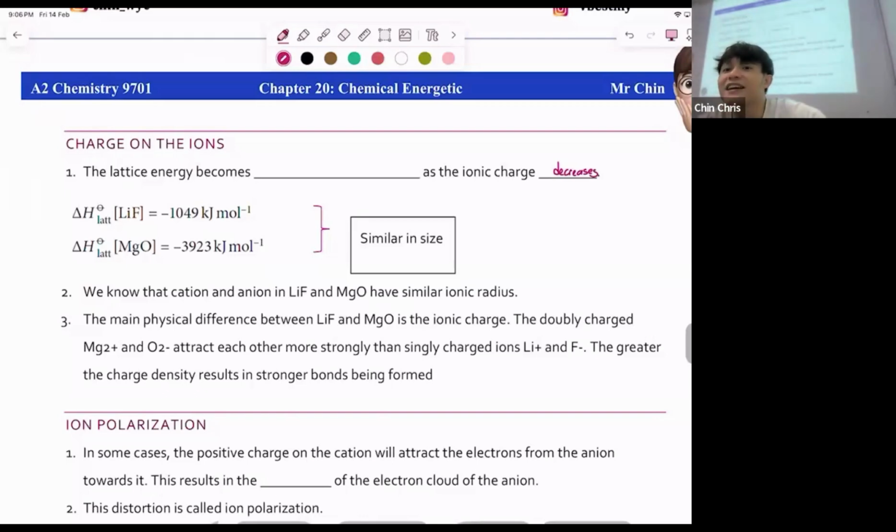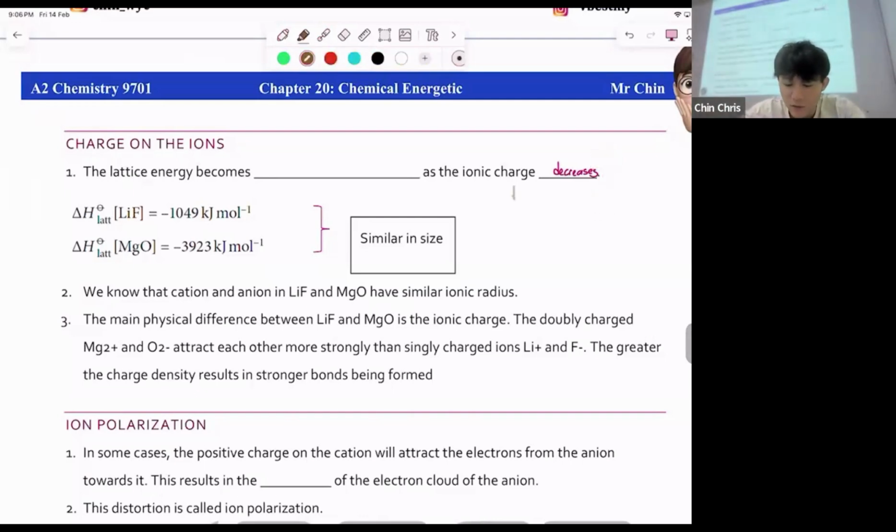Cannot say decrease, increase. Why more negative? Okay, so again, to answer your question, ionic charge decreases, which means from 2 plus turn into 1 plus.